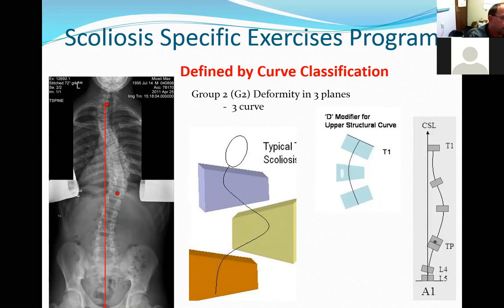It's on the line, the central sacral line, but then the transition point is lying to the opposite side. It could be either left or right, just depends on which way the curve's going. So again, we use the blocks here to help the patient understand what's going on with their spine.